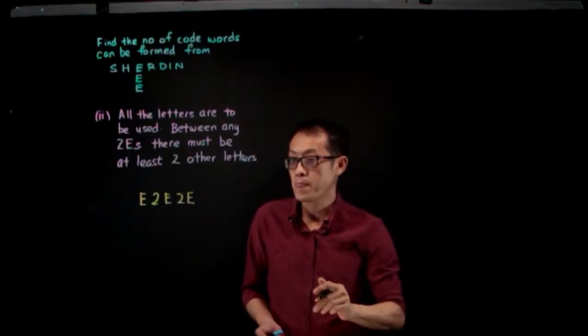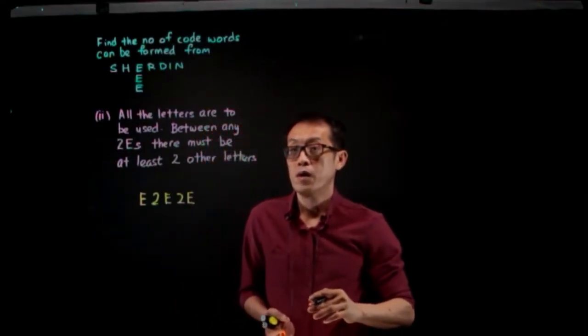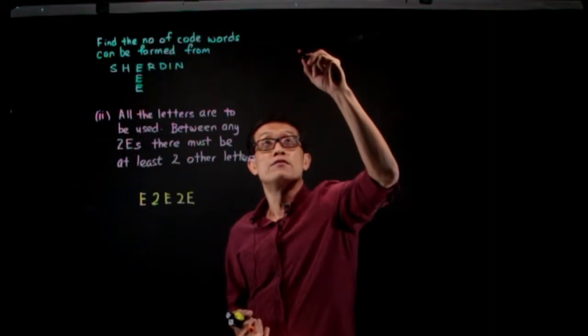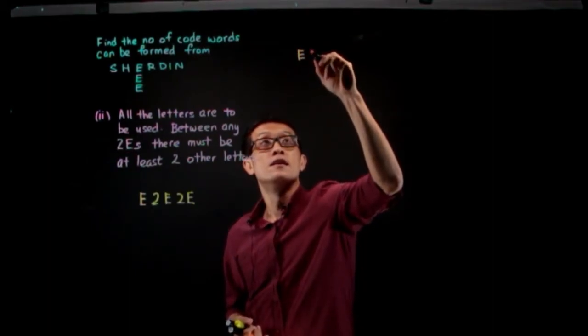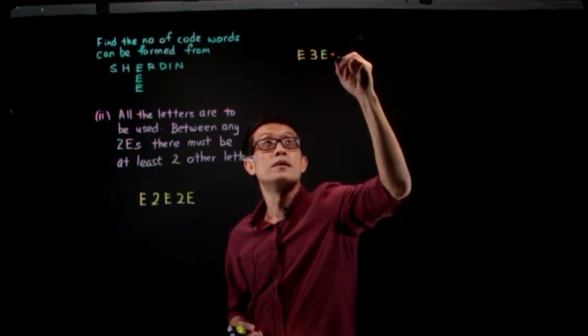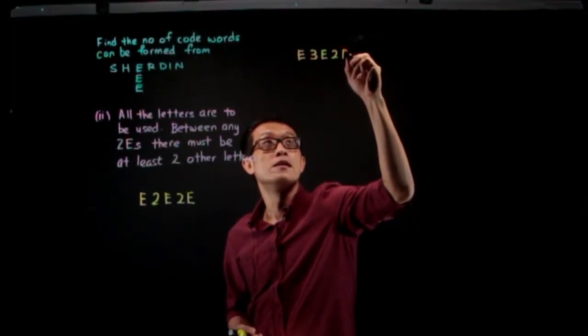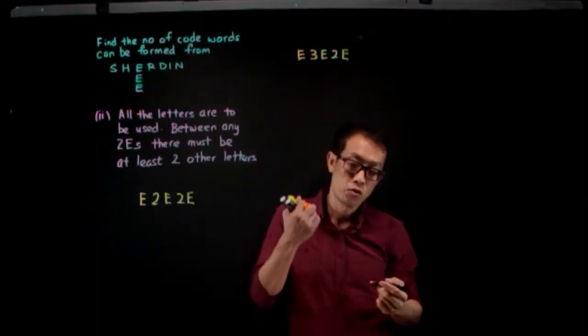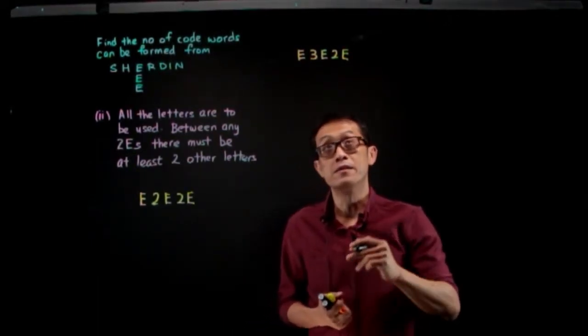Okay? Now, or you can have E separated by 3 other alphabets, then followed by E, and 2 alphabets, then another E.